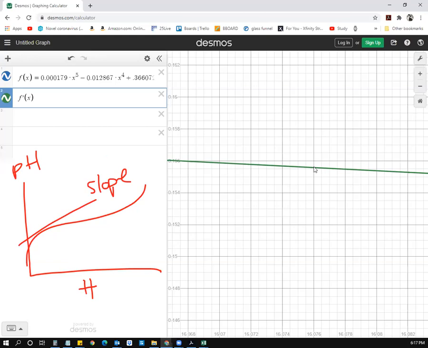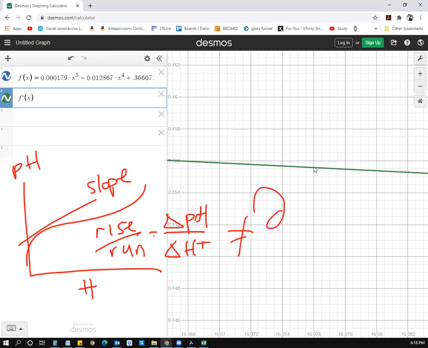Slope is always the rise over the run, meaning this is going to be the change in the pH over the change in the acidic titrant. That's actually not the same as what the buffering capacity equation was, which is the differential of the proton concentration over the differential of the pH. So if we wanted to use the first derivative of the equation that we modeled, we'd actually have to take the inverse of that value.